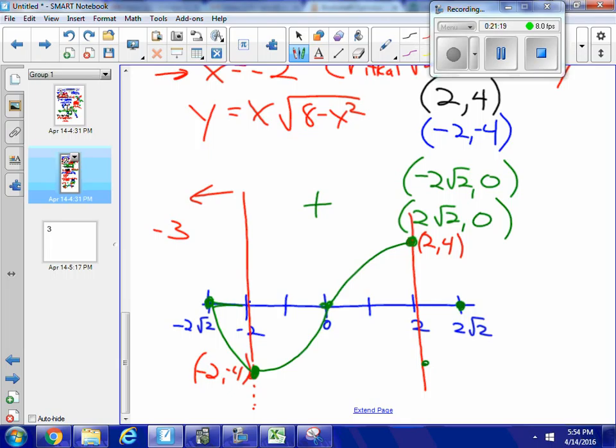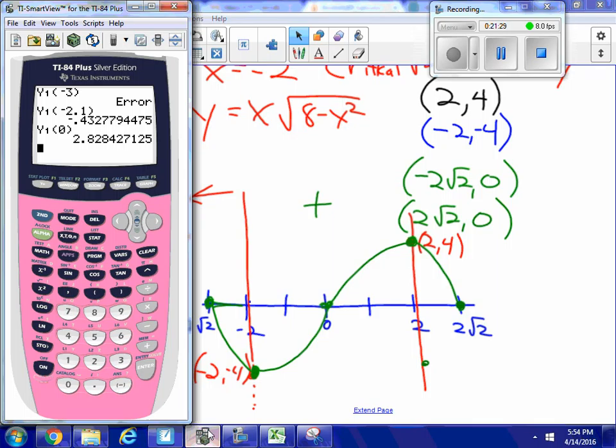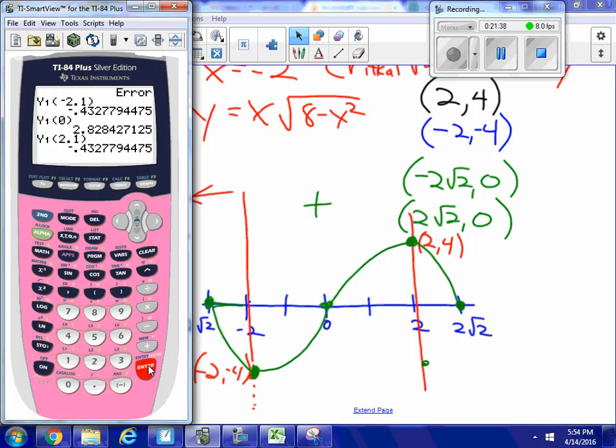And at that point, what's it going to do? Well, my next point is right down here. I know that it's going to have to go down. But we can test it. We can look at the calculator, and I'm going to go alpha f4, y1, and test it for the point positive 2.1. And again, I get a negative number.